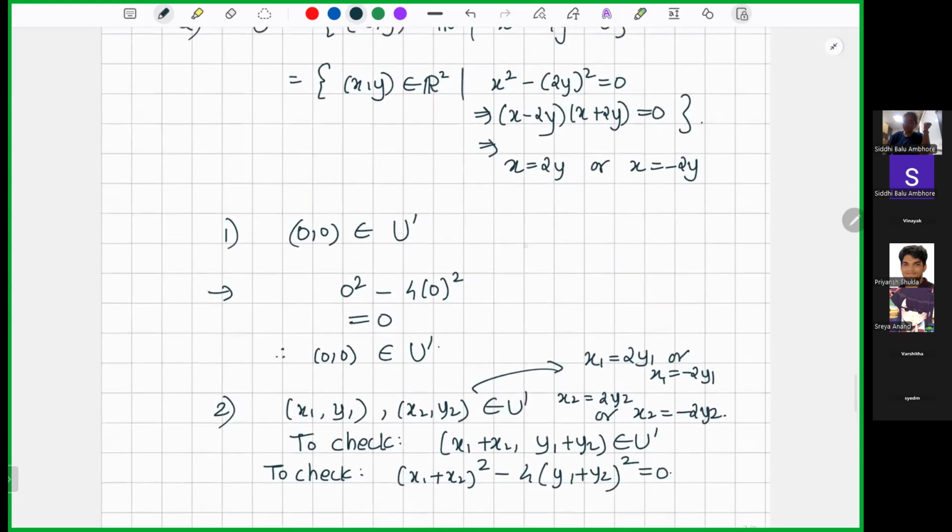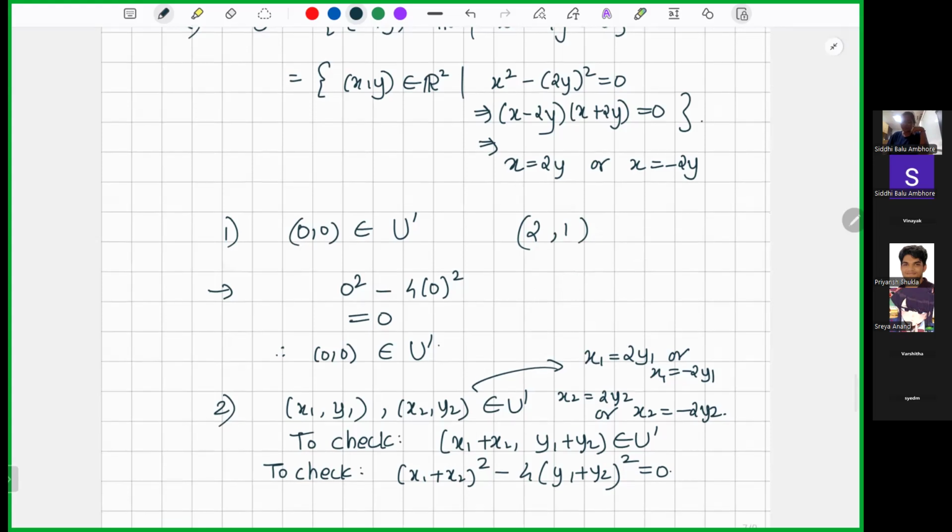If I take 2 and 1, and one more positive point, 2 and 1, and maybe let us take any point. I have x is equal to 2y.